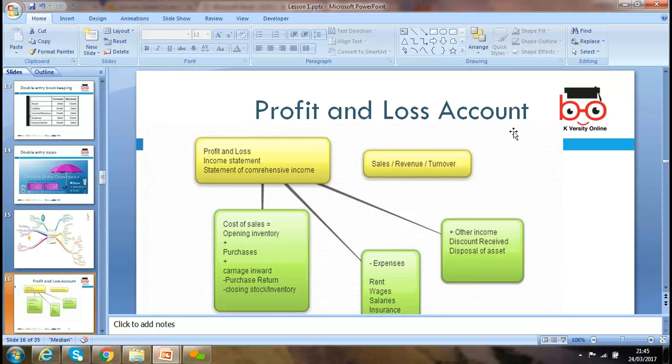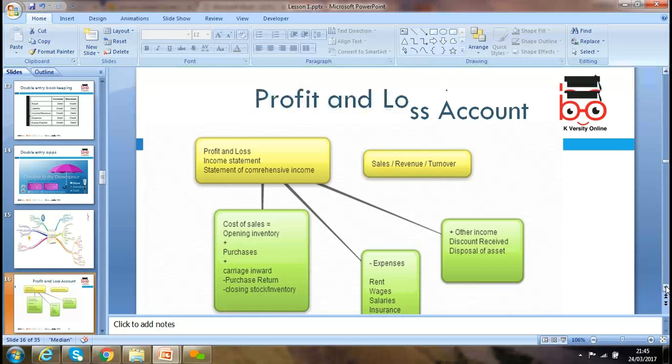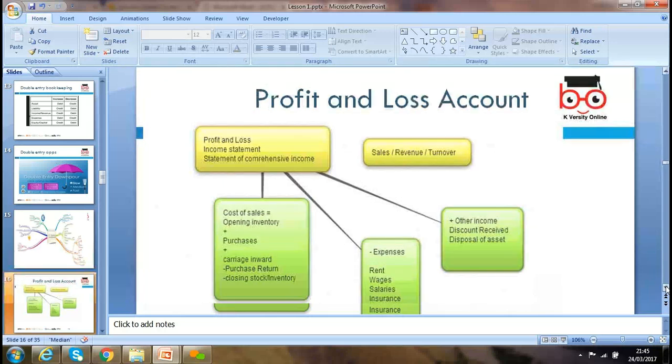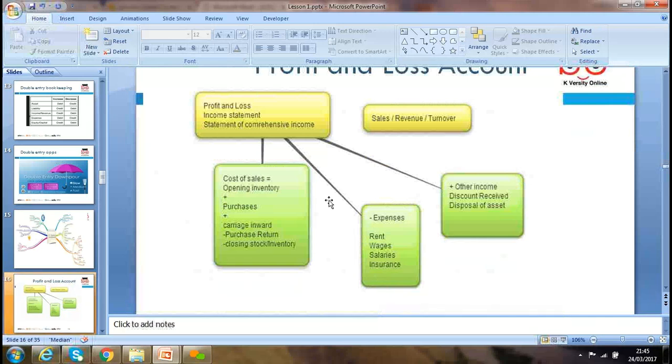So the first thing in a profit and loss, we always put sales revenue. How much is the sales revenue? Sales means how much worth of sales you made. We call it revenue, we call it turnover. These three words are used interchangeably. Then we take out the cost of sales.